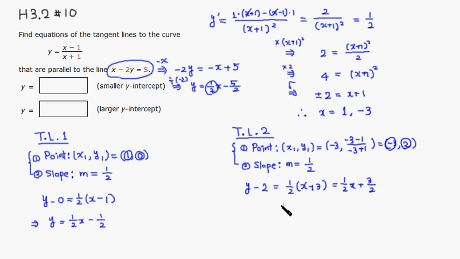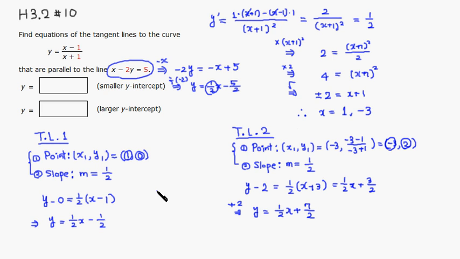Then all we have to do is add 2 to both sides. So y is equal to 1/2 x plus 3/2 plus 2. 2 is 4 halves, so it's 3 plus 4, which is 7/2.